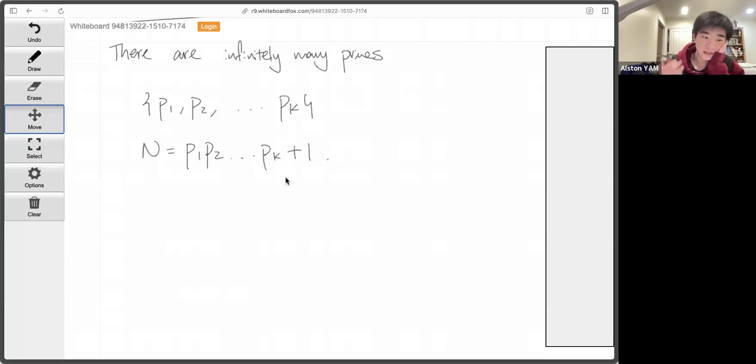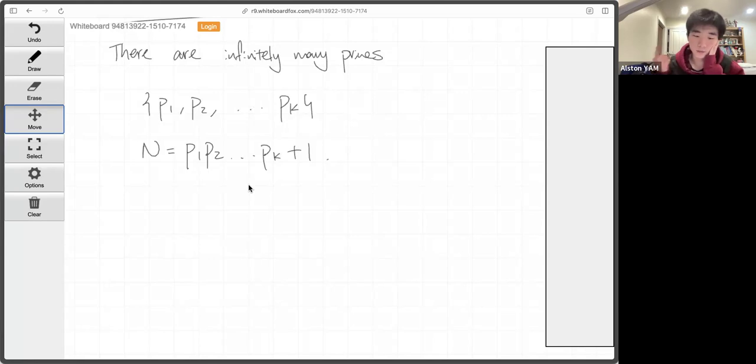Next, what we did was that we looked at the prime factorization of n. We went p1 does not divide n, p2 does not divide n, pk does not divide n. So none of our existing primes actually divide n.